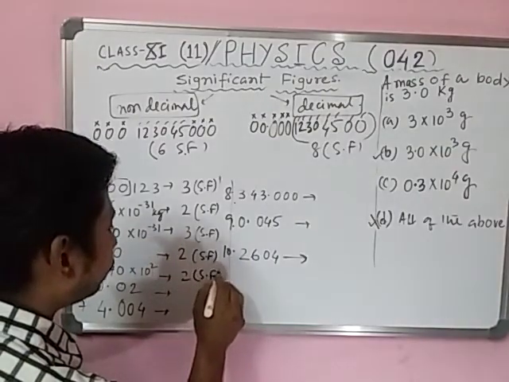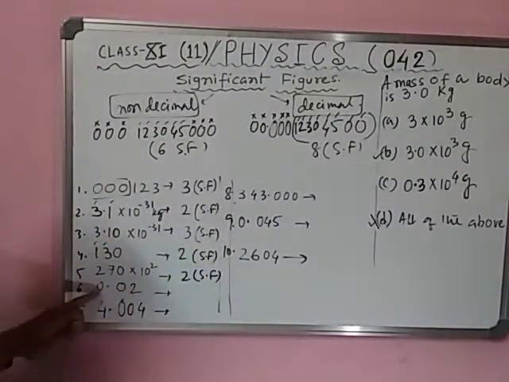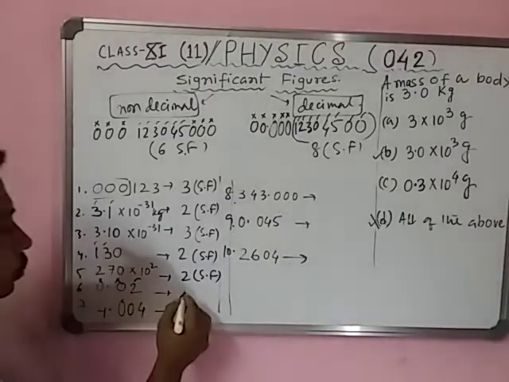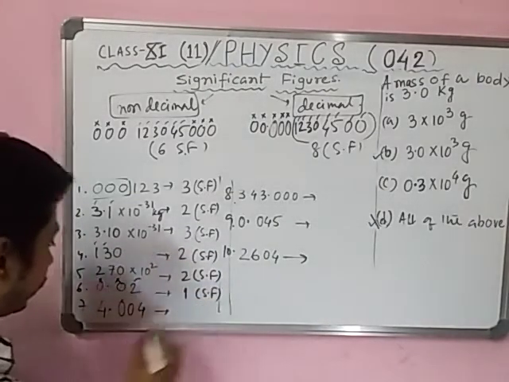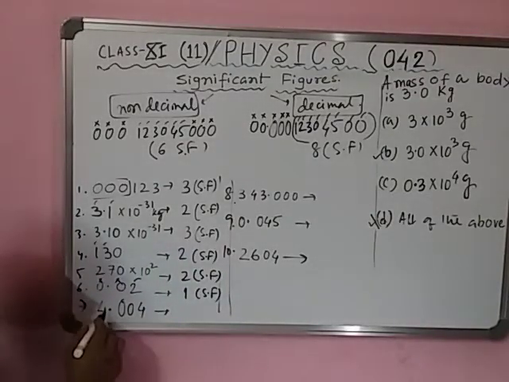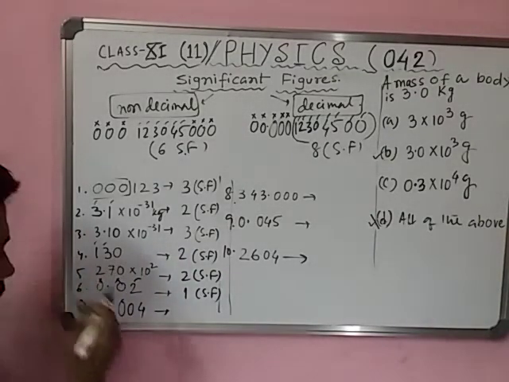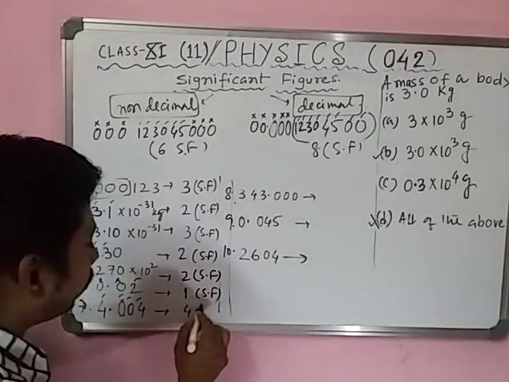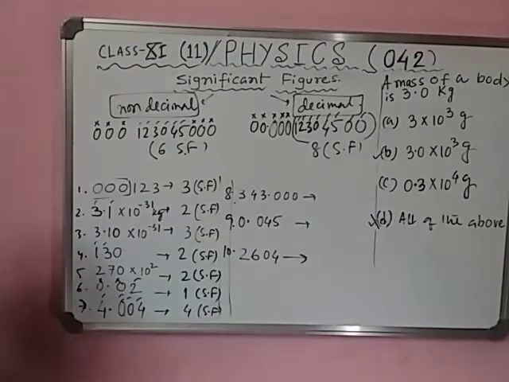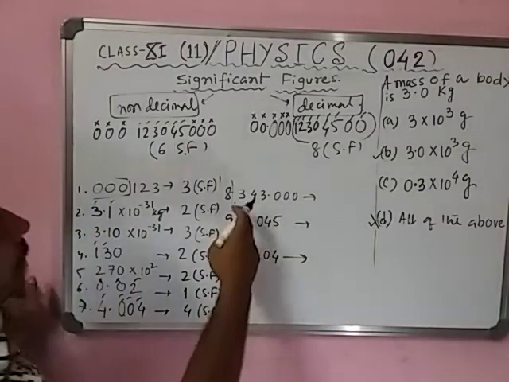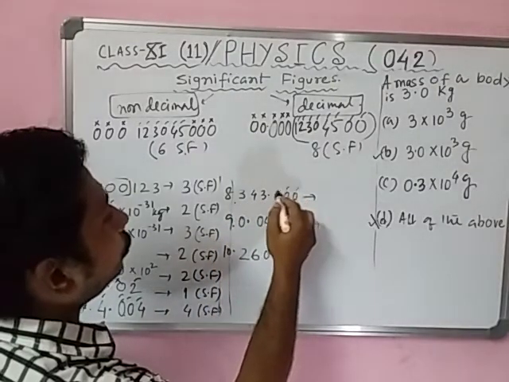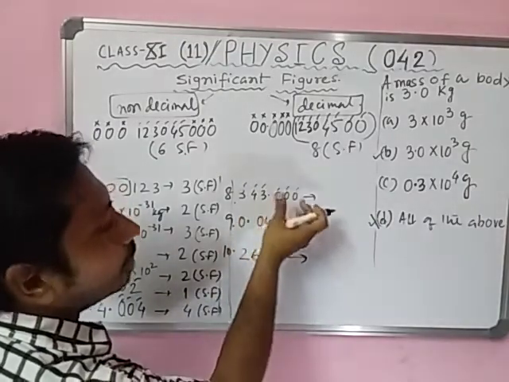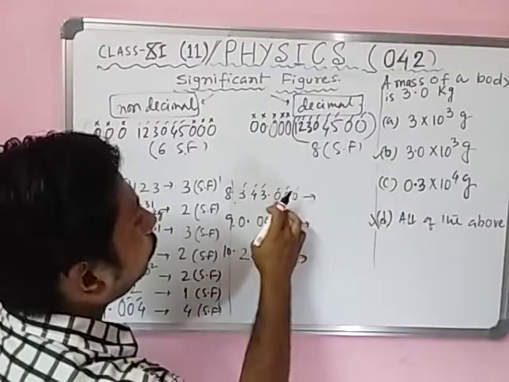In 0.02, the front zeros cancel, only 2, so 1 SF. In number 7, 4.004, all numbers are significant, so 4 SF. In 3.00000, you have to take all the decimal zeros, so 6 SF.